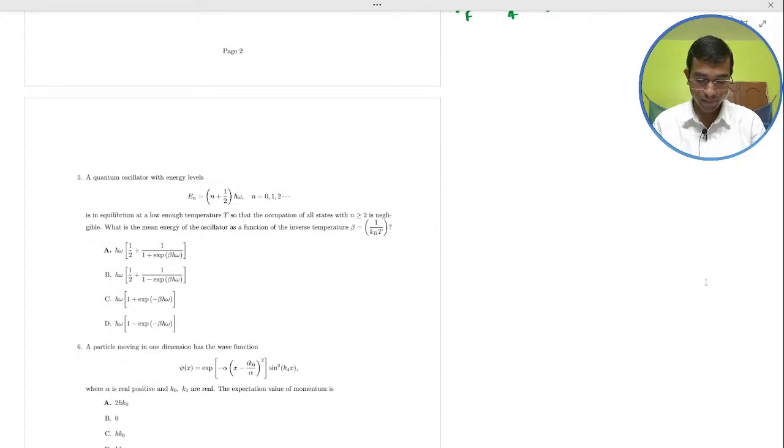Okay, 1 by kT. What is the mean energy of the oscillator as a function of inverse temperature?